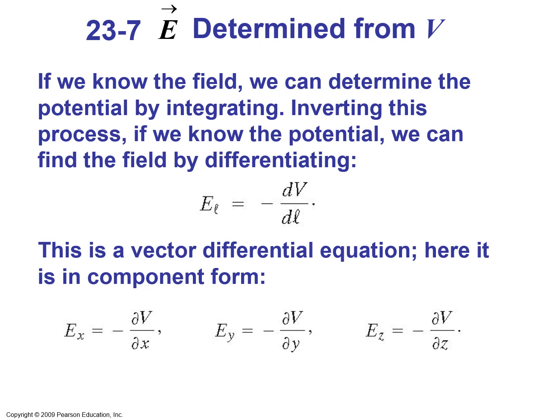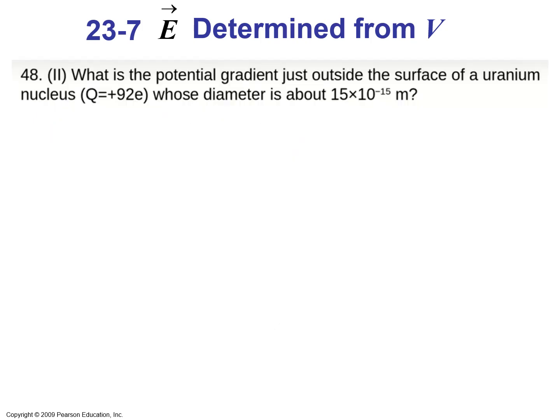So we have Ex, the electric field component along X, is equal to minus partial V partial X. The same for Y, we have minus partial V partial Y. And along the Z direction, Ez is equal to minus the partial derivative of V with respect to Z. All right, let's go through problem 48 from the book as an example.